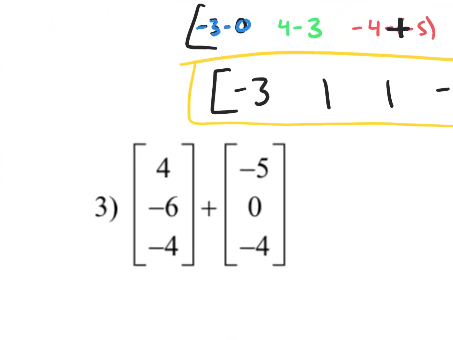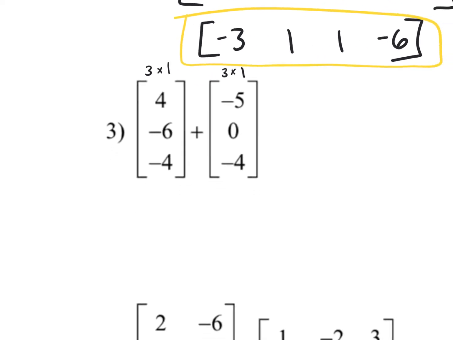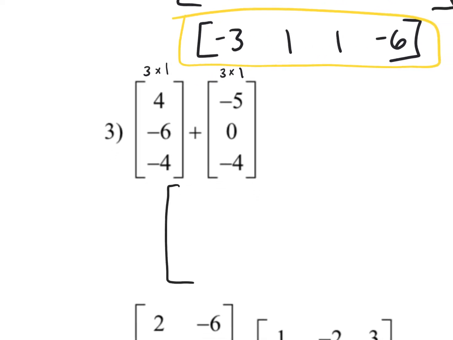All right, so number 3. How many rows do we have in our first matrix? 3. How many columns? Just 1 column. What about the second one? Awesome. So they're the same size, we can add them. When you add them, just make sure everything stays in the same spot. First, we have 4 plus -5.